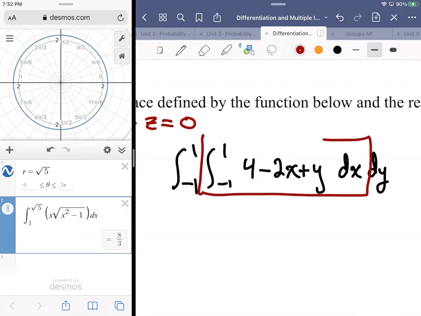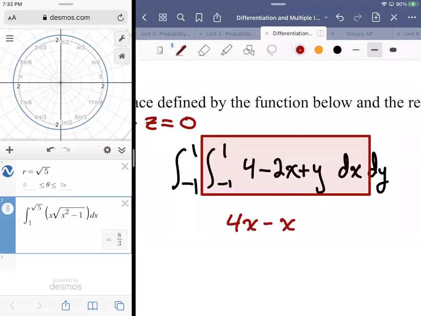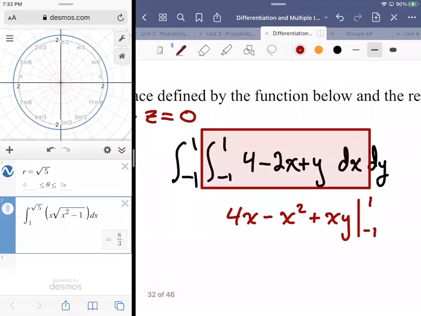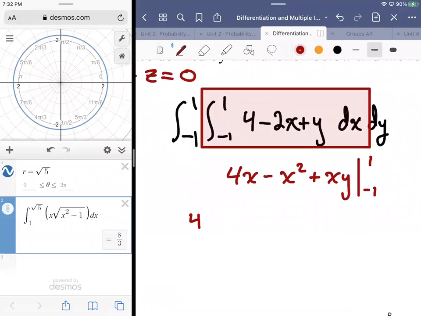it's partial integration, it's 2 variables, so no calculator yet. So 4x minus x squared plus xy over the interval of -1 to 1. So pop in my 1s, I get a 4 minus 1 plus y minus -4 minus 1 minus y.